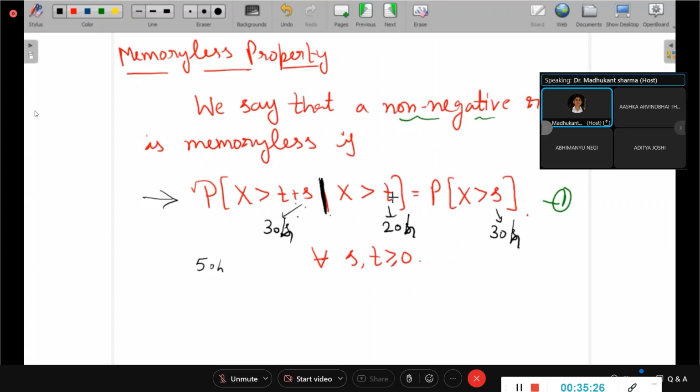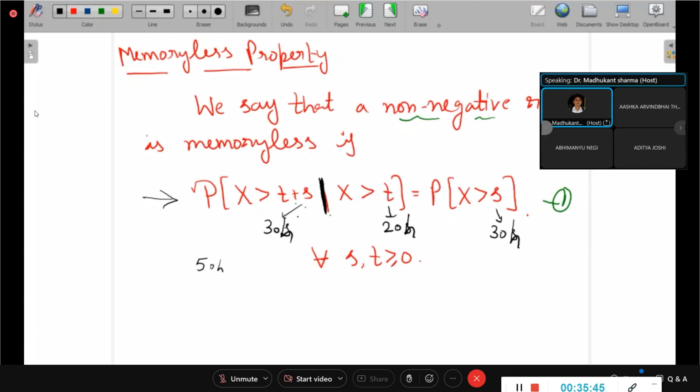Now you can use the definition of conditional probability to simplify it more mathematically.